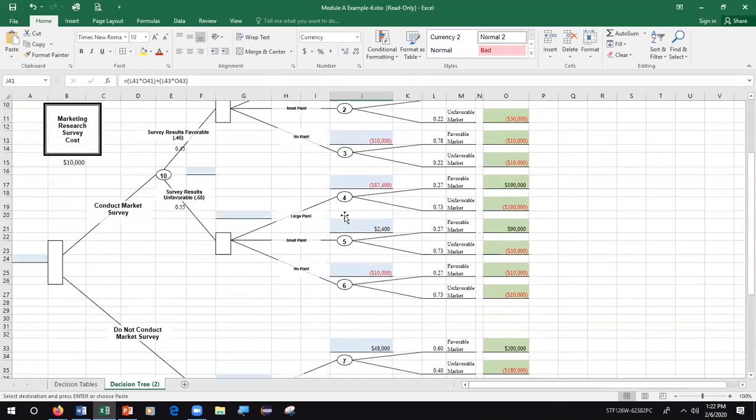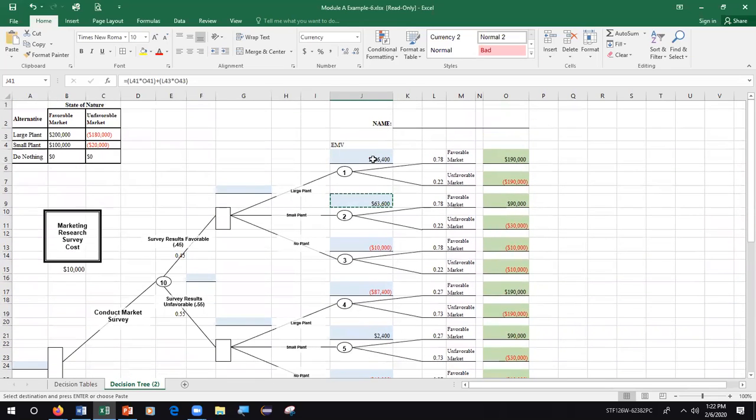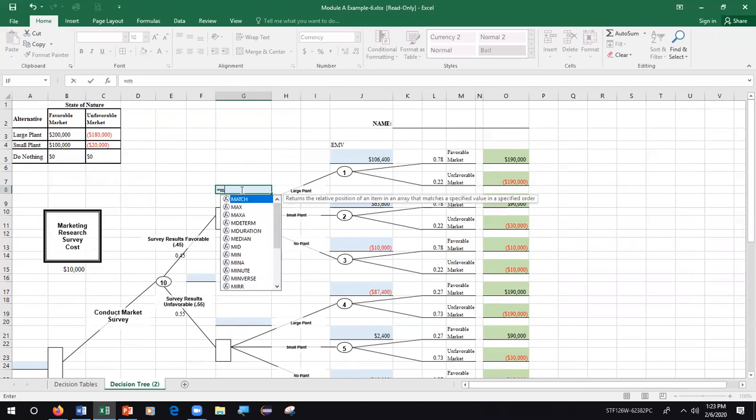Now, in our decision here, so let's go back to the top. We're at this top part. So we have our expected monetary value for these options. And remember, we're considering in this decision whether to use a large plant, small plant, or no plant. And that decision is based on which one is the max.